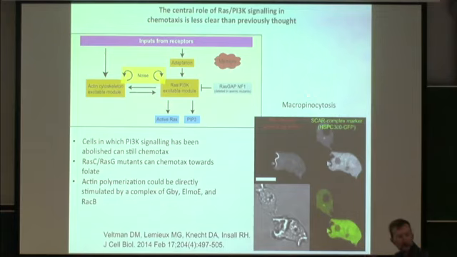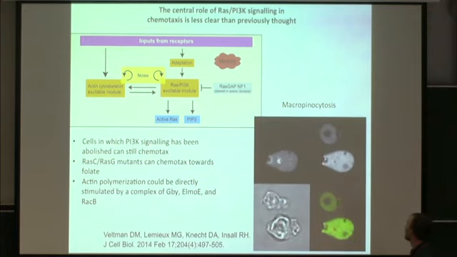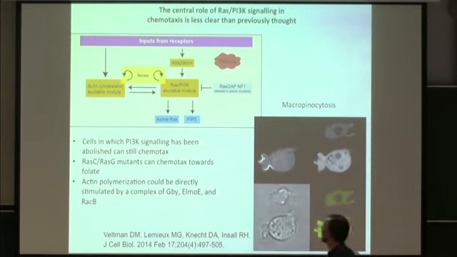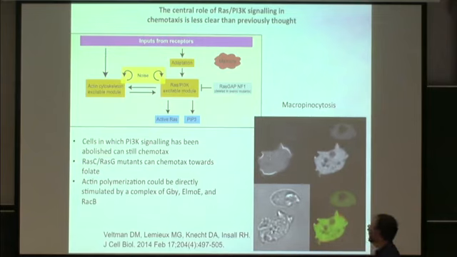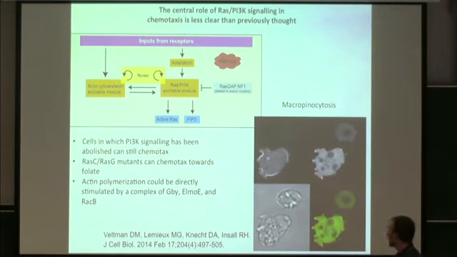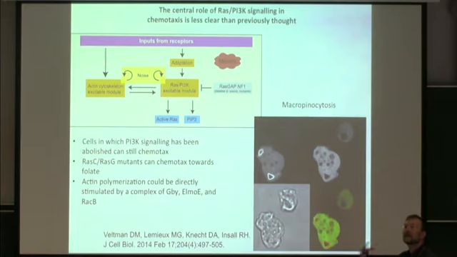And we now think that this module has a specific important role in a process called macropinocytosis, which is simply cellular drinking, where cells take up fluid. And I hope this is going to play. Yeah, so you see here the uptake of fluid, which is then internalized. You can actually show, these are laboratory strains that grow axenically.